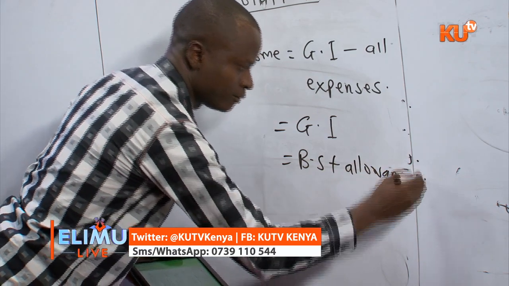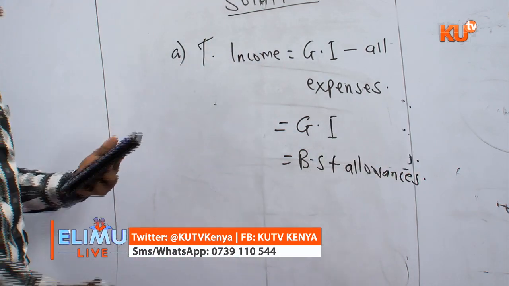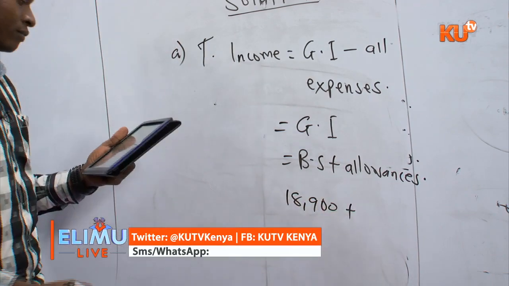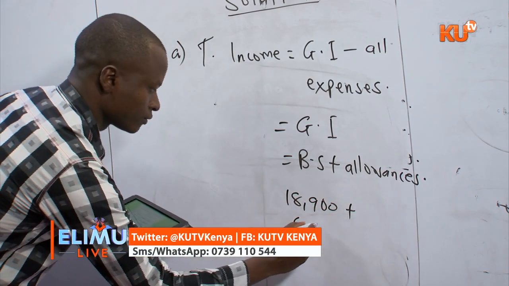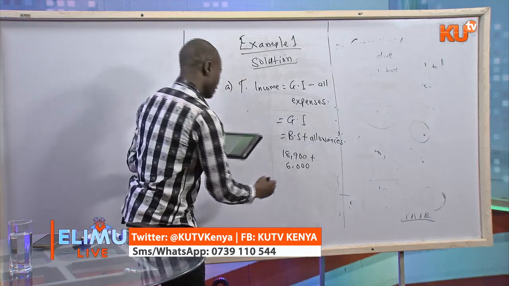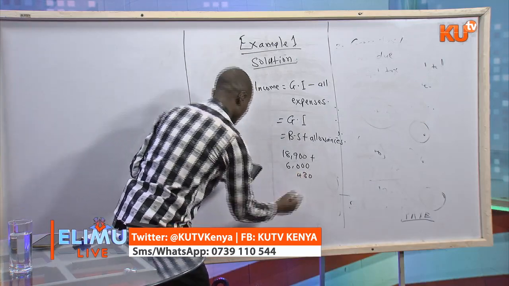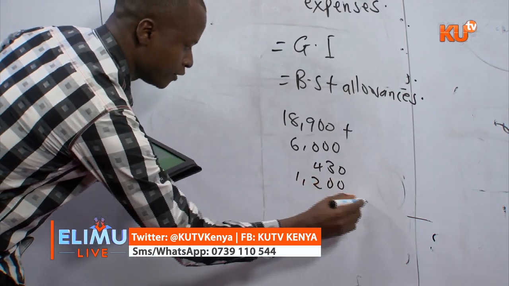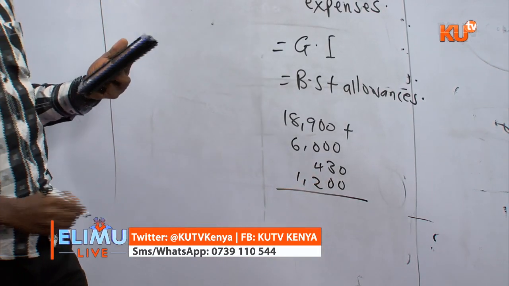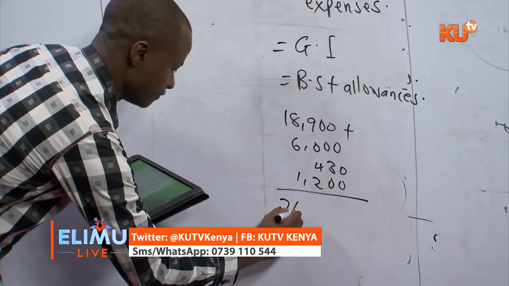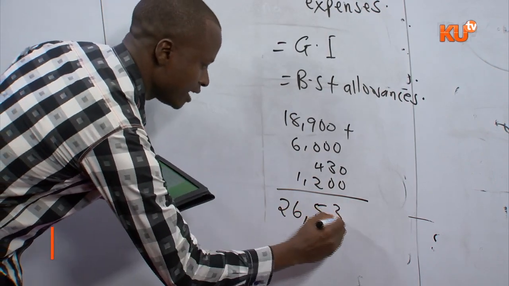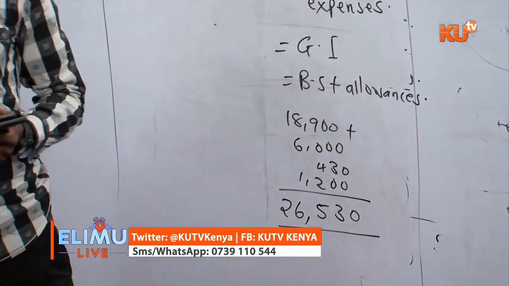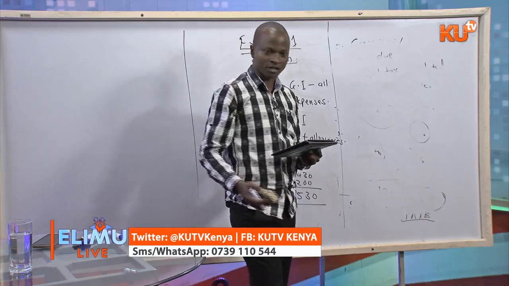So his basic salary, that is 18,900, add 6,000, add 430, then add 1,200. If you add all this, you should get 26,530 as his taxable income. That is the first part. You get 2 marks for that.